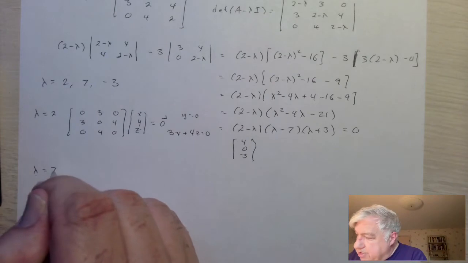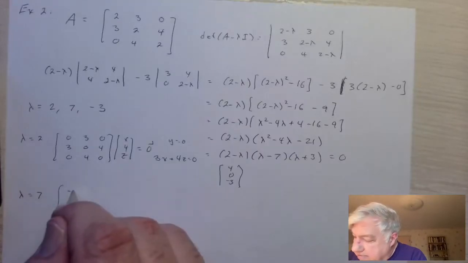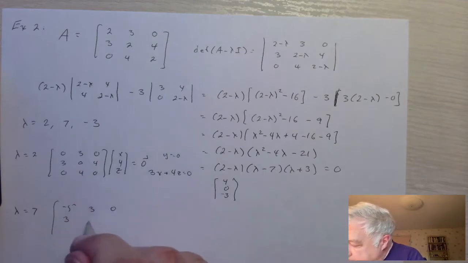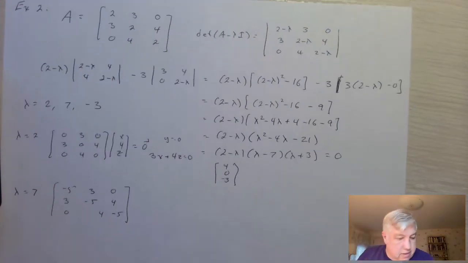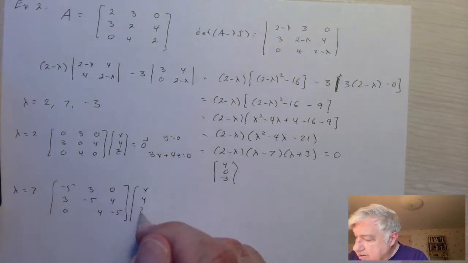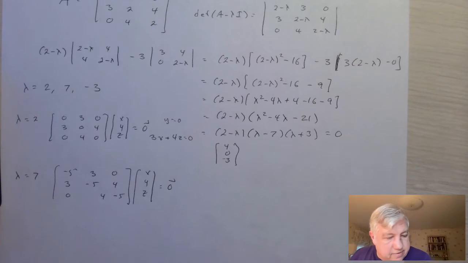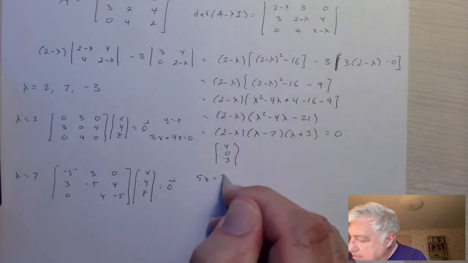For lambda equals 7, we get 2 minus 7, that's negative 5, 3, 0, then 3, negative 5, 4, and 0, 4, negative 5. Once again, if you set this times (x, y, z) equal to 0, you get negative 5x plus 3y equals 0, so 5x has to equal 3y.